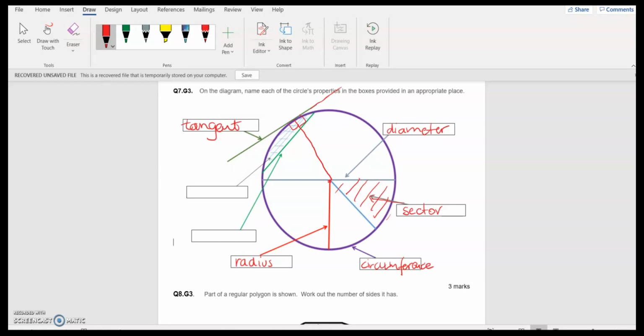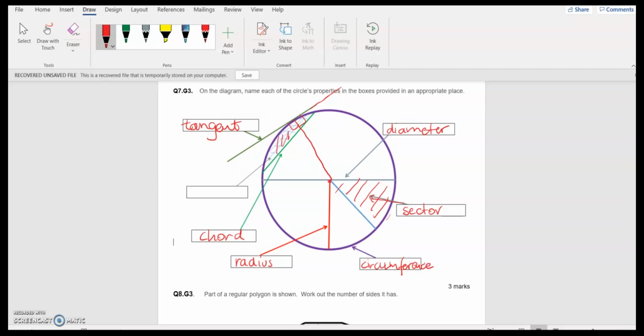So we've got now in light green, we have the chord. The chord cuts the circle into two parts. And what we call those parts are segments.